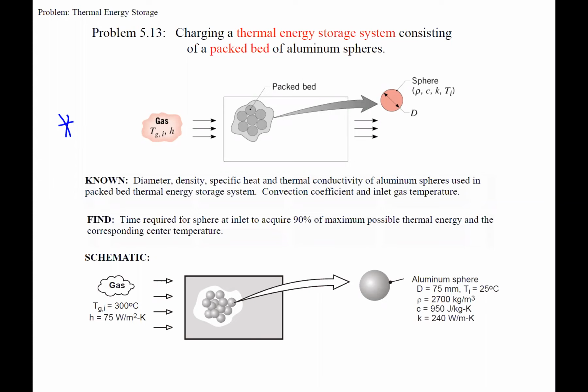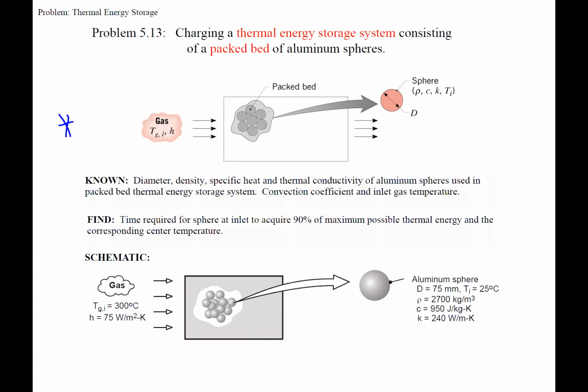If the initial temperature of the spheres is 25 degrees Celsius and the convection coefficient is 75 watts per meter squared Kelvin, how long does it take a sphere near the inlet of the system to accumulate 90% of the maximum possible thermal energy? What is the corresponding temperature at the center of the sphere? And is there any advantage to using copper instead of aluminum?